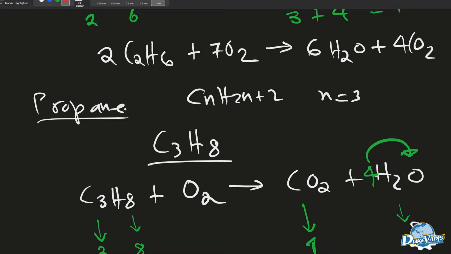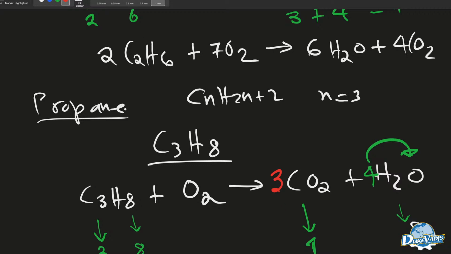So what do we do to balance it completely? As you can see, carbon here is 3, so we have to put 3 here as well. If you put 3 over here, that means the oxygen over here will become 3 times 2, that is 6.